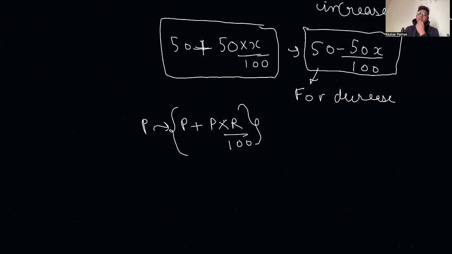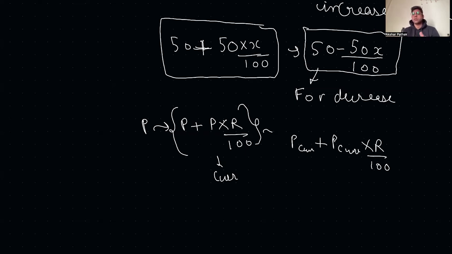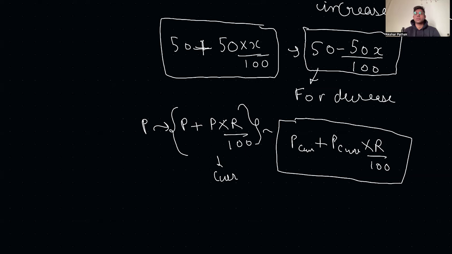P plus P into R by 100. And if I ask you what will be the population next year, this is our current population up till now. So we are given P current, and next year we get P current plus P current into rate by 100. Of course, this is our basic logic. So how will we apply this formula here?